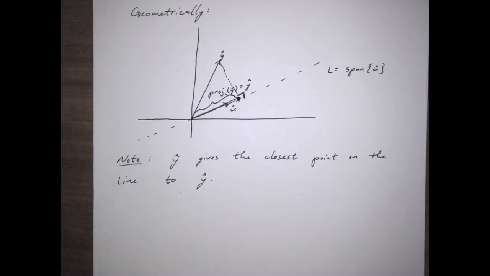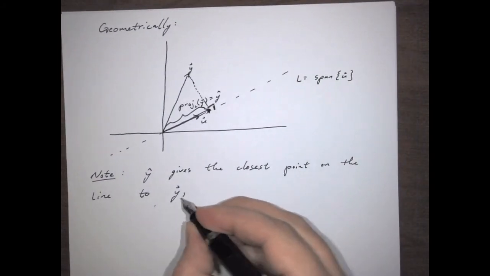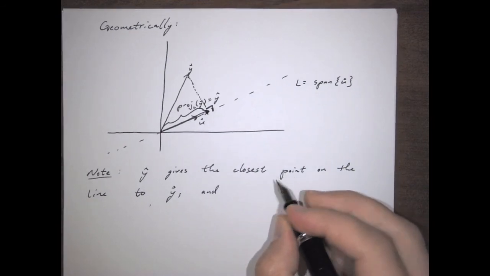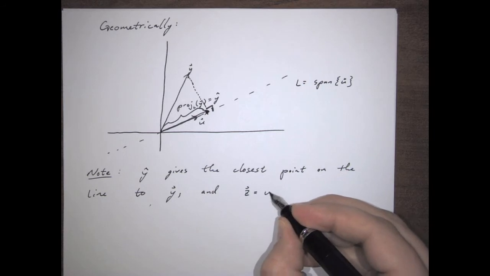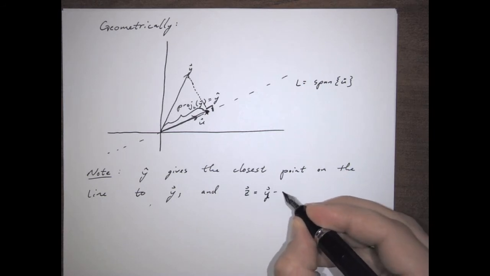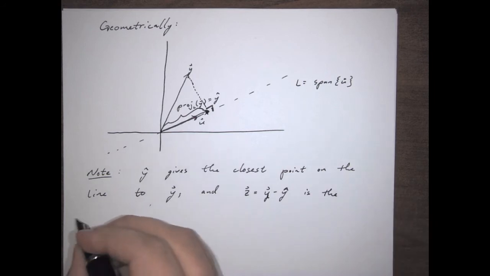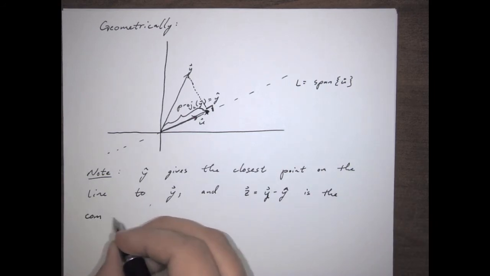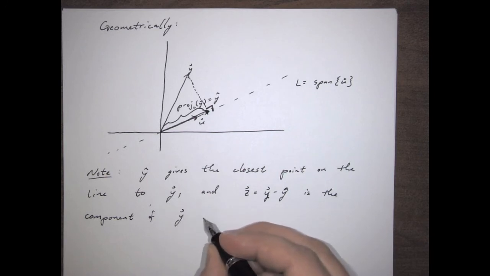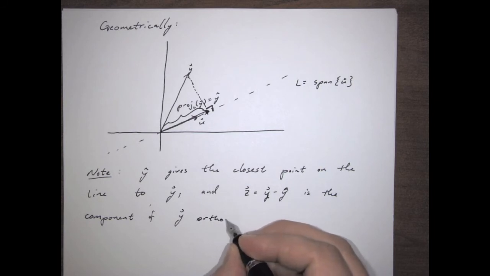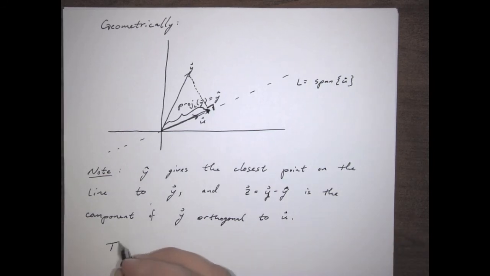All right, then, if we have this closest distance to the line, and the actual difference between them, z, which is equal to y minus y hat, oops, y minus y hat, is the component of y orthogonal to u.